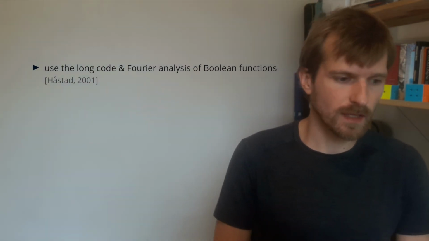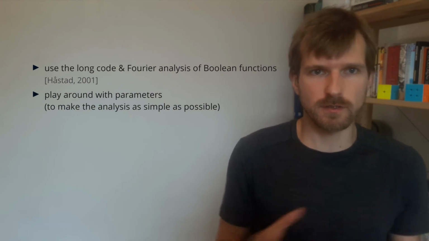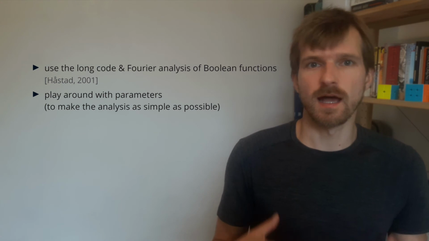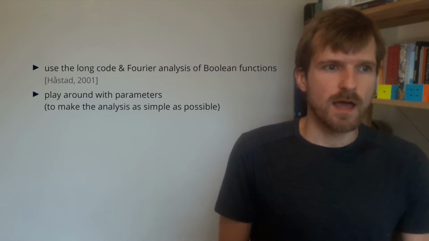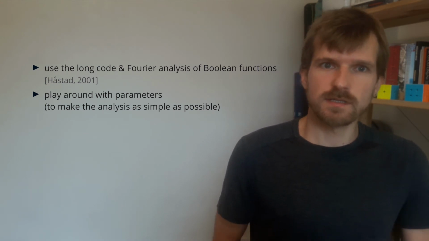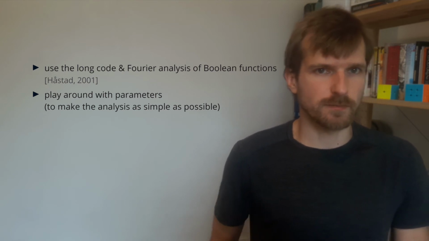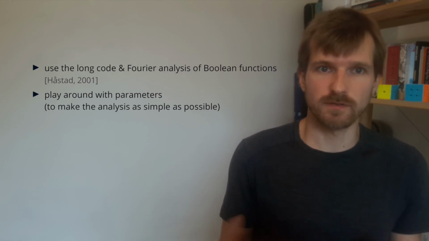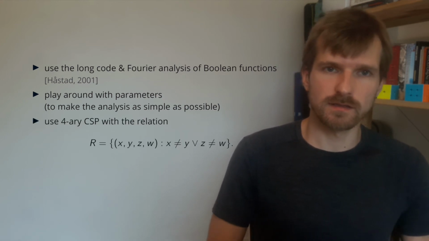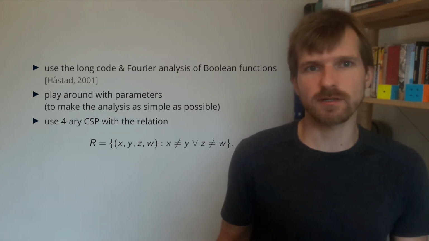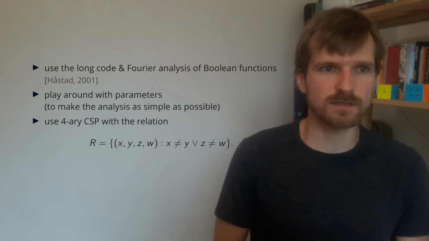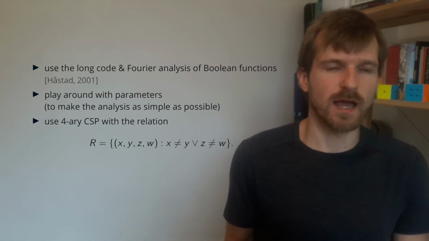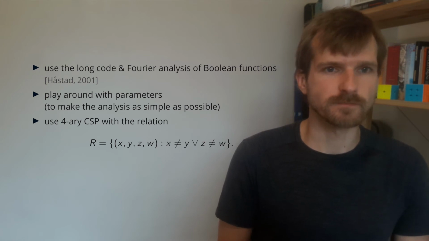What we do, we choose all these parameters so that the proof and the analysis is as simple as possible. And the first of our choices is that we are not trying to prove inapproximability of 3-SAT. We are actually proving inapproximability of a 4-ary CSP with this relation R. This relation contains all 4-tuples, except those where the first 2 entries are the same and the second 2 entries are the same.